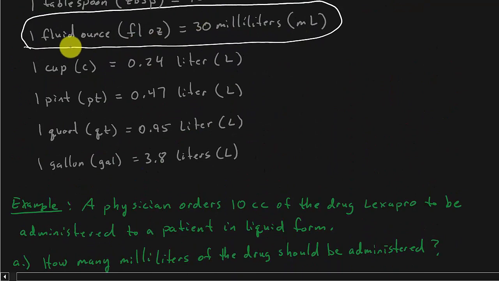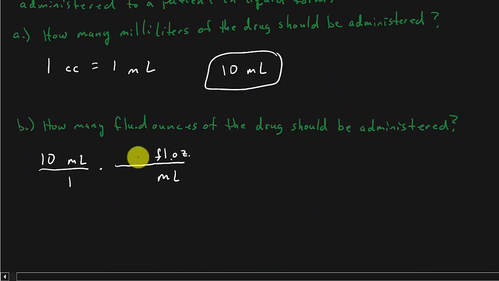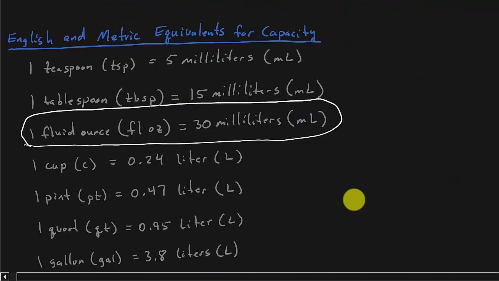Yeah. 1 fluid ounce to 30 milliliters. And so the milliliters cancel. So this is approximately 0.33 fluid ounces. And of course that 3 is going to keep repeating.